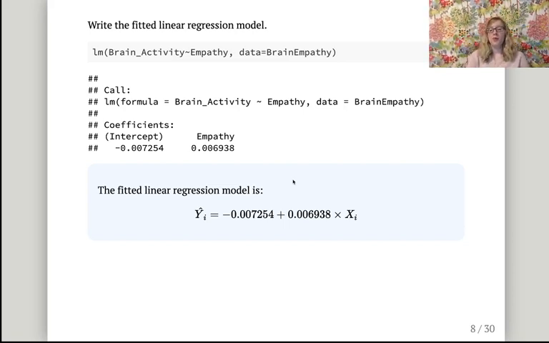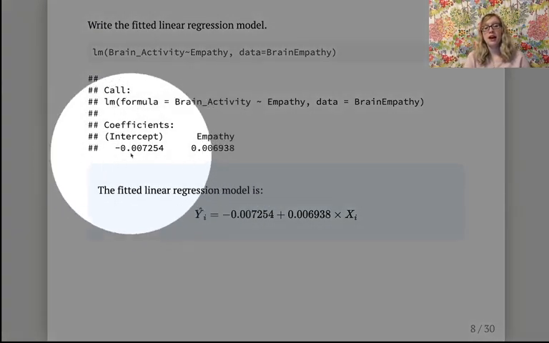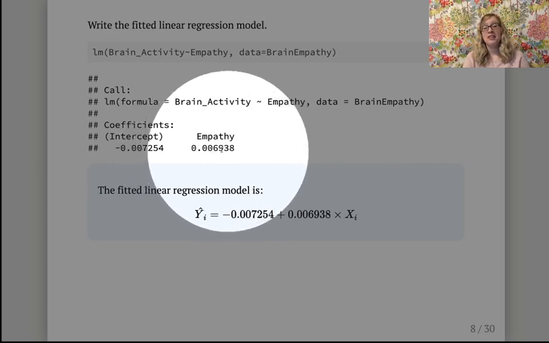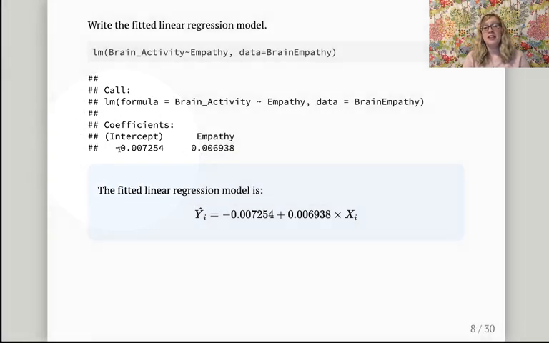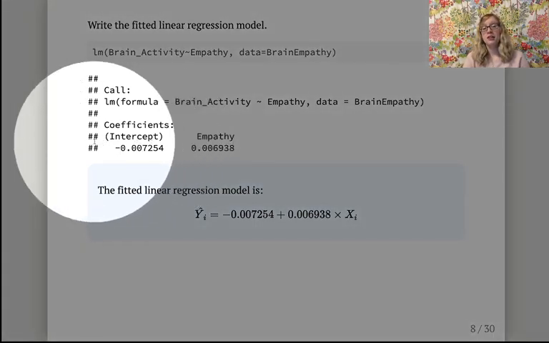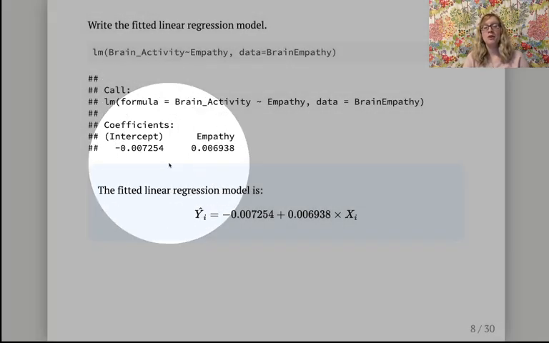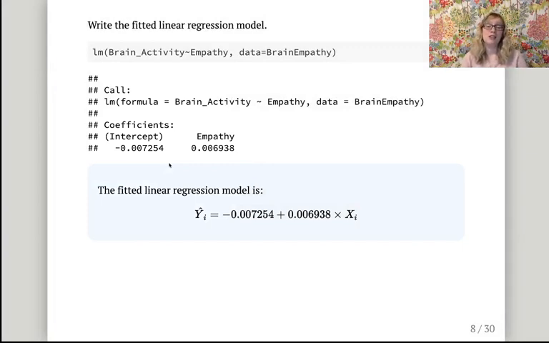Now, one thing to point out is that just because this intercept is a small value and this empathy is a small value, doesn't mean that there is not a linear relationship. The values that we get for the intercept and the slope are going to depend on the units of the actual data.